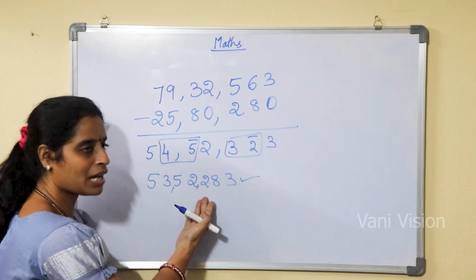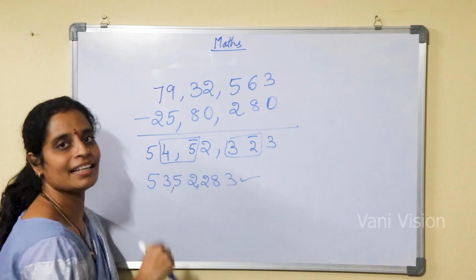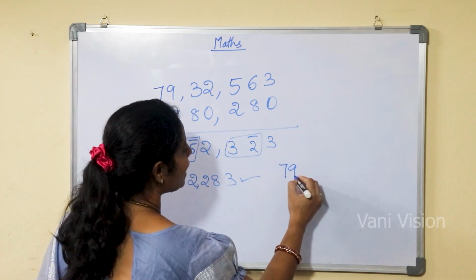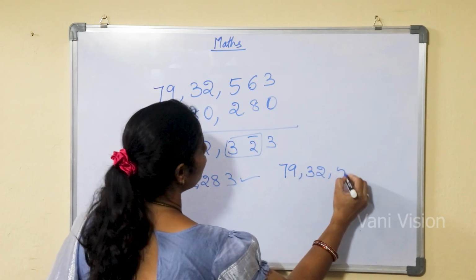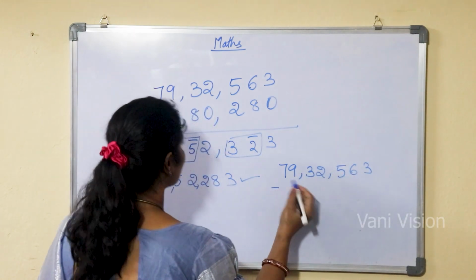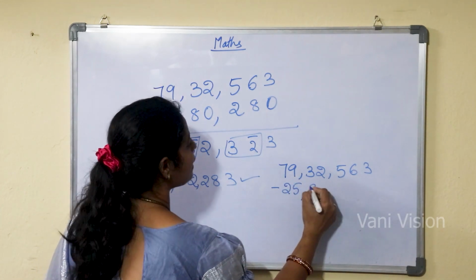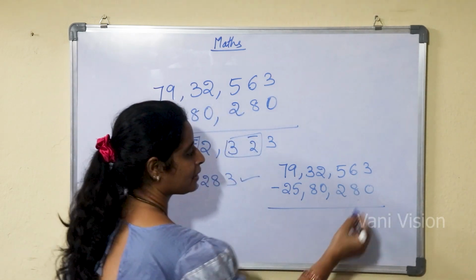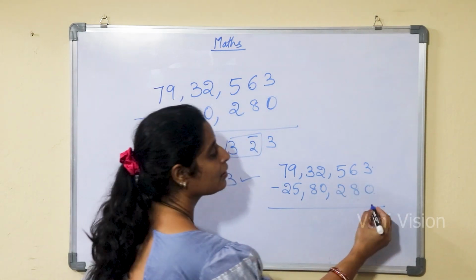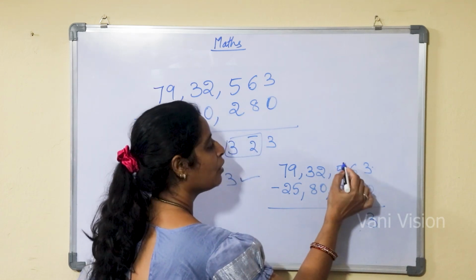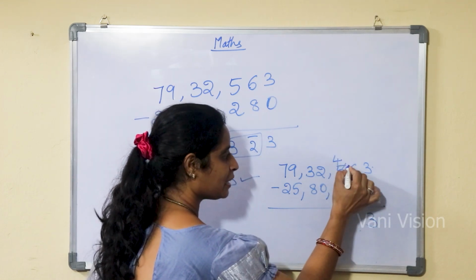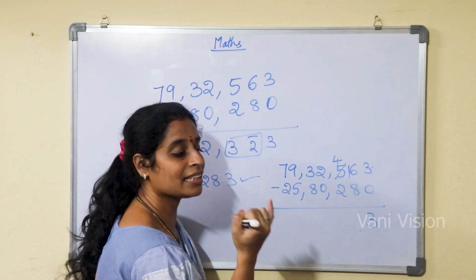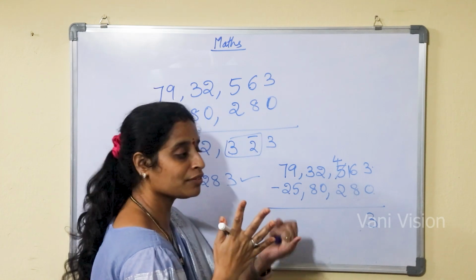53 lakhs 52,283. Now let's check this with our general method. 79 lakhs 32,563 minus 25 lakhs 80,280. Subtract: 3 minus 0, 3. Now take a borrow. 5 borrows and becomes 16, right? 16 minus 8, counting after 8: 9, 10, 11, 12, 13, 14, 15, 16.